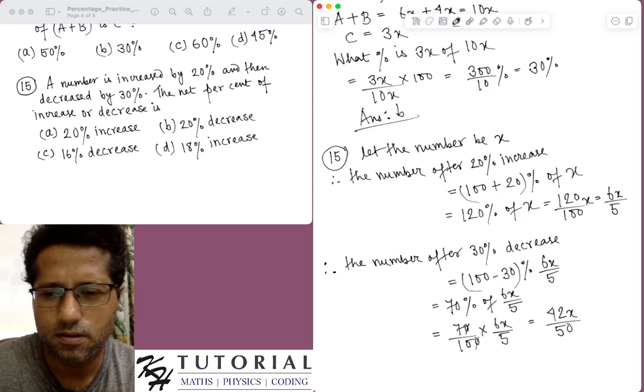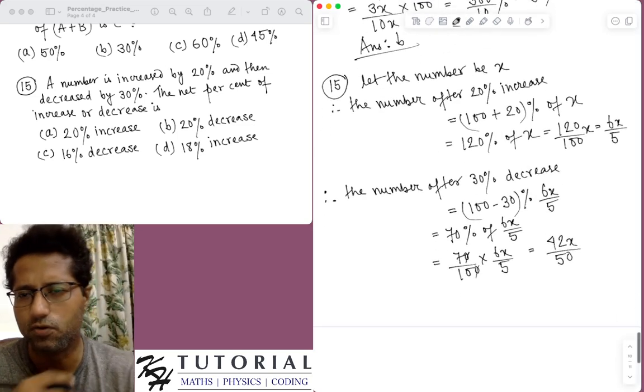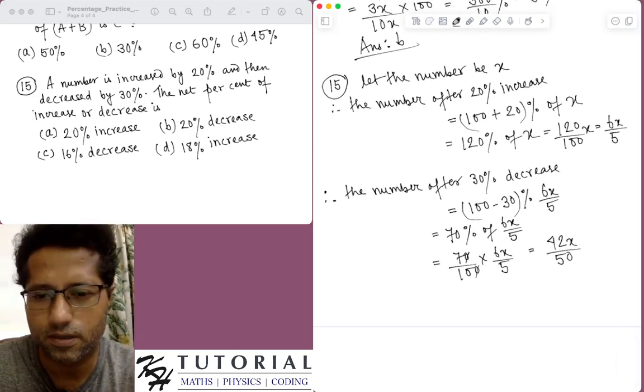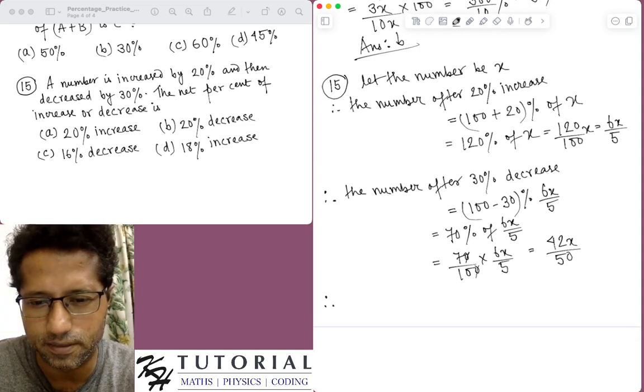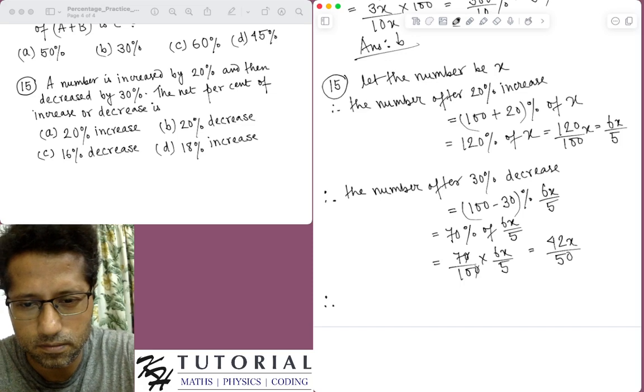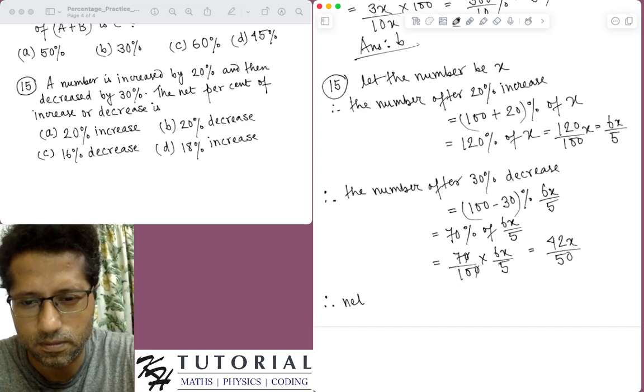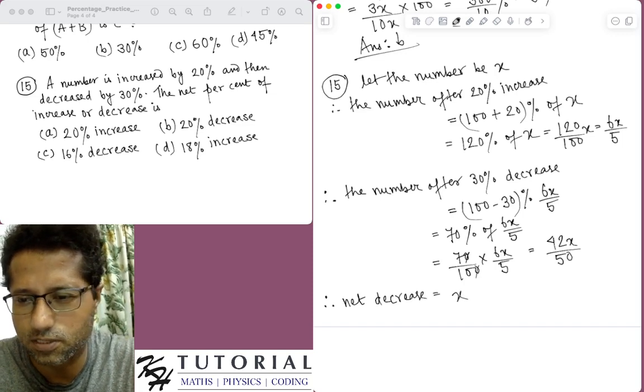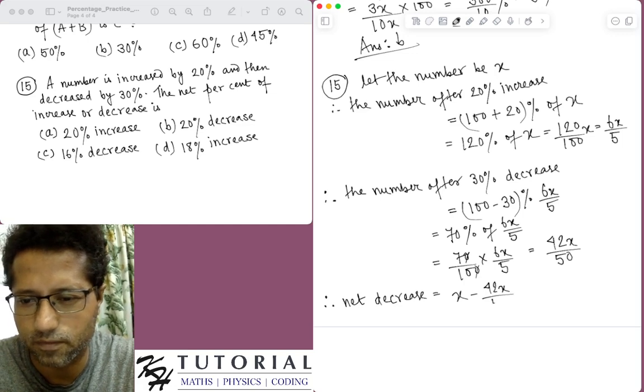So now we can clearly see that 42x by 50 is less than x. So therefore, net decrease in the number is how much it got decreased, x minus 42x by 50.